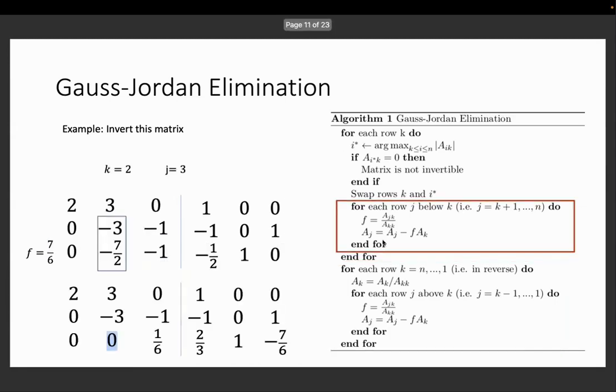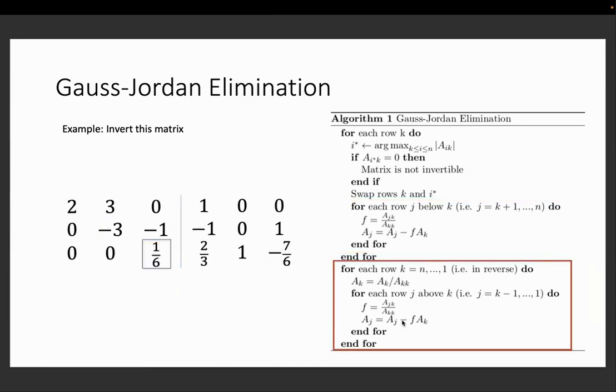So because for the k is equal to 3, we don't have any rows below it, so we just need to go to the second for loop that we have here. So in this for loop, we want to make sure that we change the diagonal elements to 1, and also make sure that the elements above the diagonal are becoming 0.